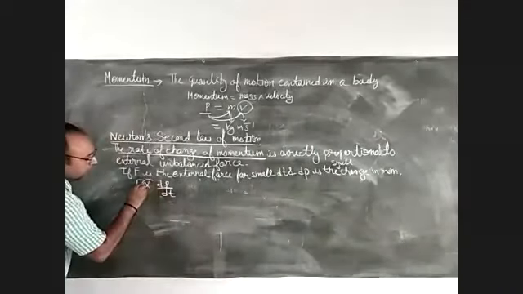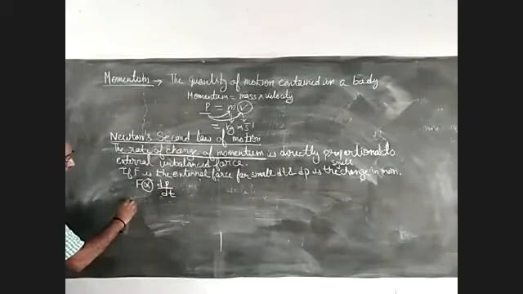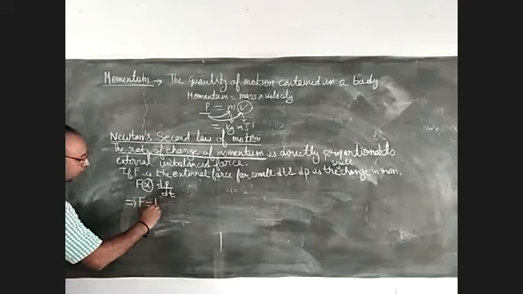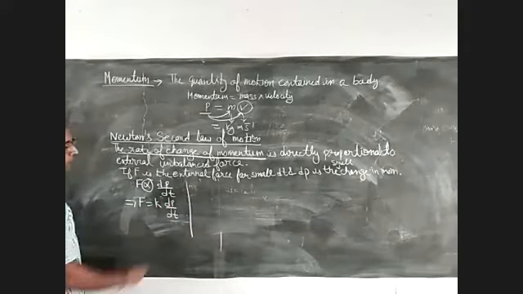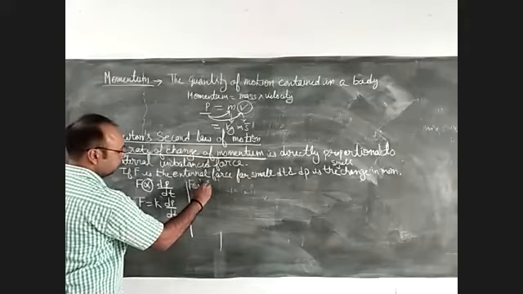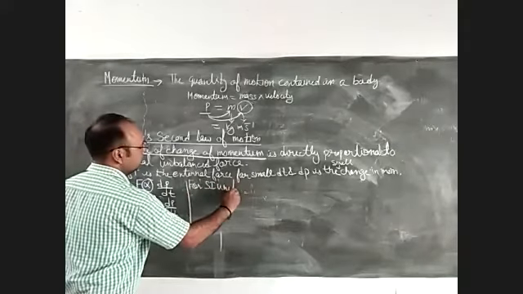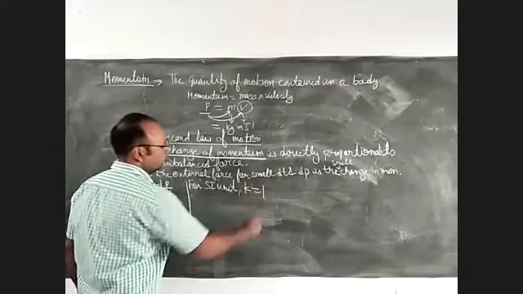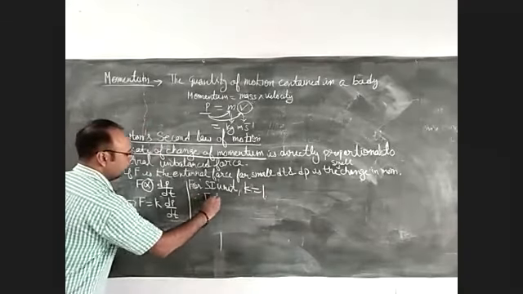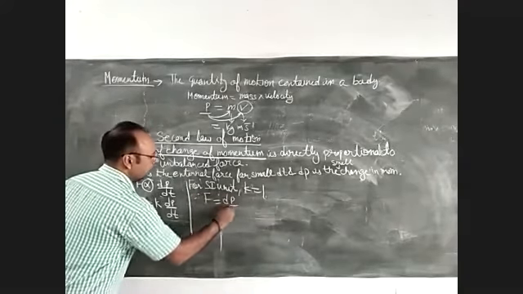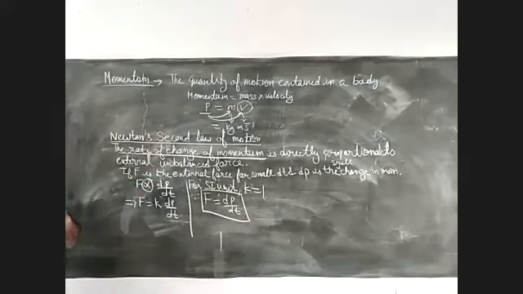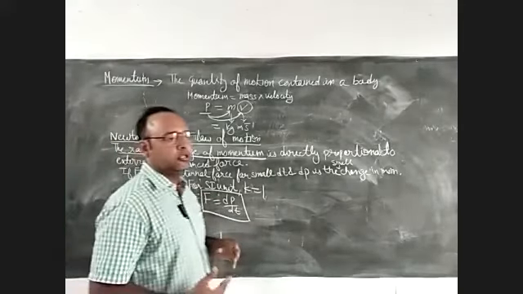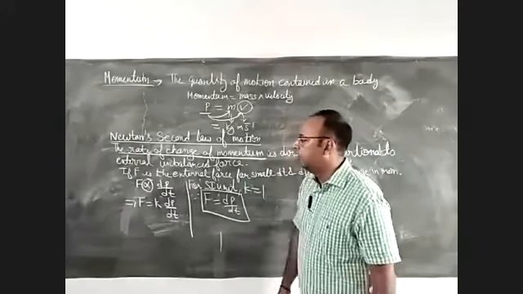Now this proportionality sign we can remove by using a constant of proportionality k, so F is k times dp over dt. Now for SI units, k is equal to 1. Therefore, F is equal to dp over dt. This mathematical form you will use in class 11 also, in chapter 4 of Newton's laws of motion.